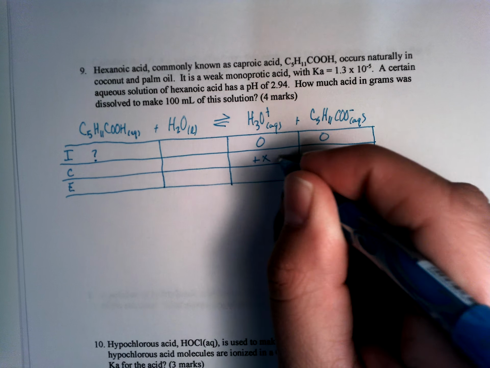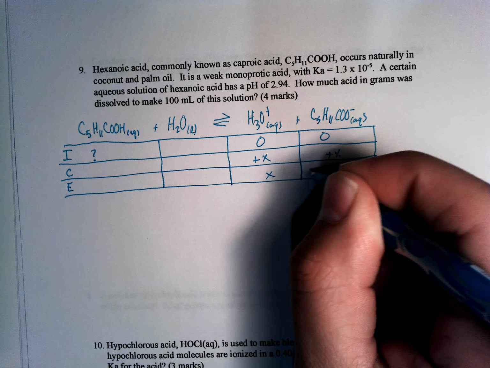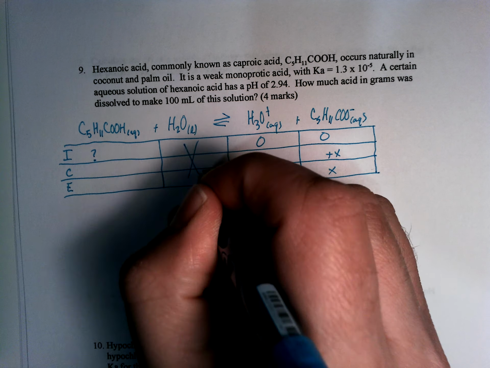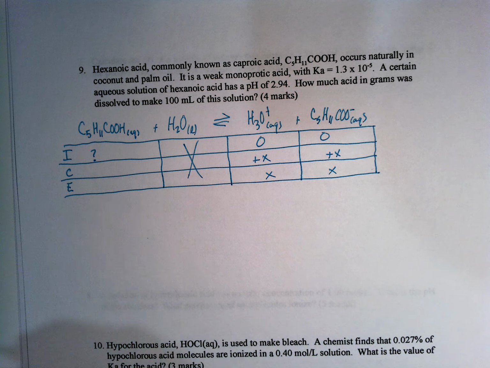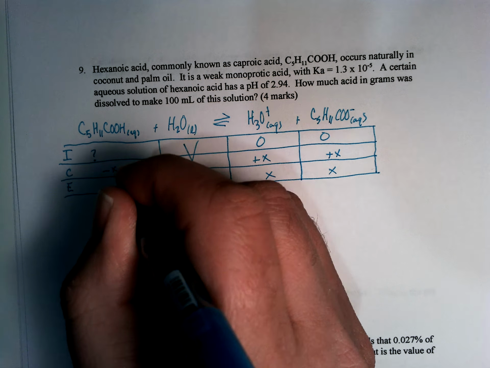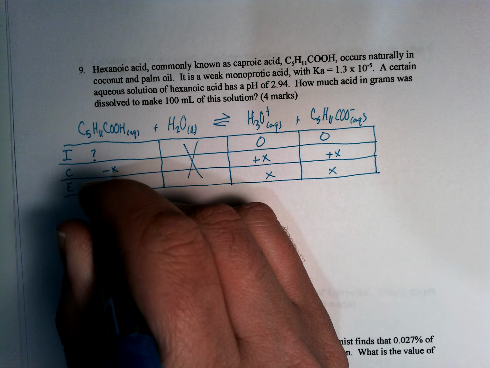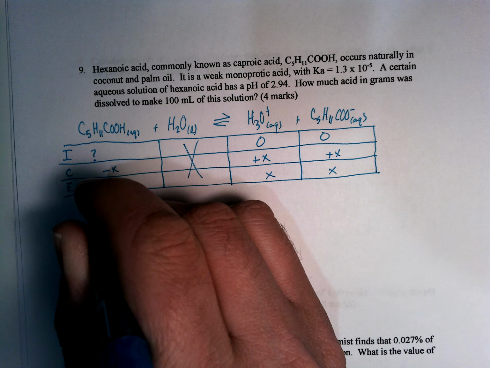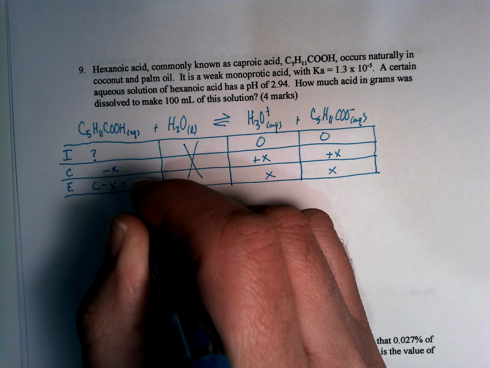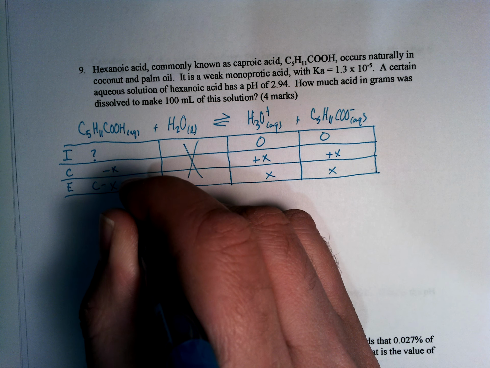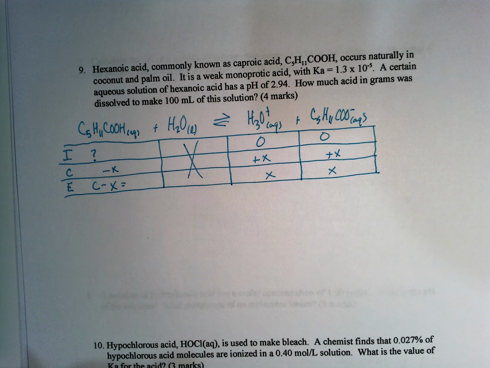These are both plus x, so these are both equal to x. This water doesn't matter. This would be minus x. Whatever our concentration is initially, C minus x will equal our concentration at equilibrium. So this value here, we'll just say C minus x.